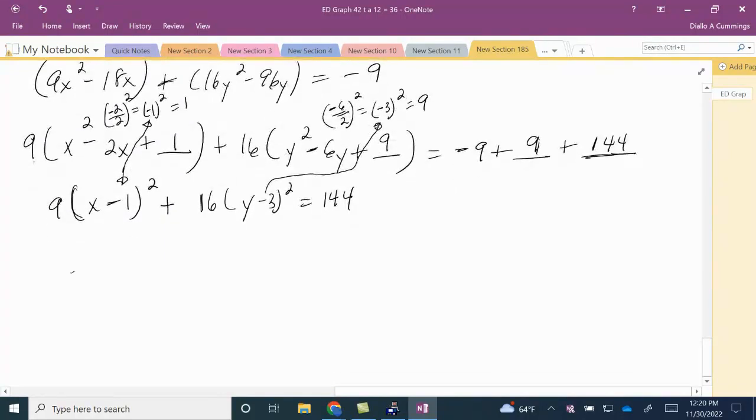All right, now if I put this in standard form, I'm going to divide everything by 144, because the right side must equal 1.